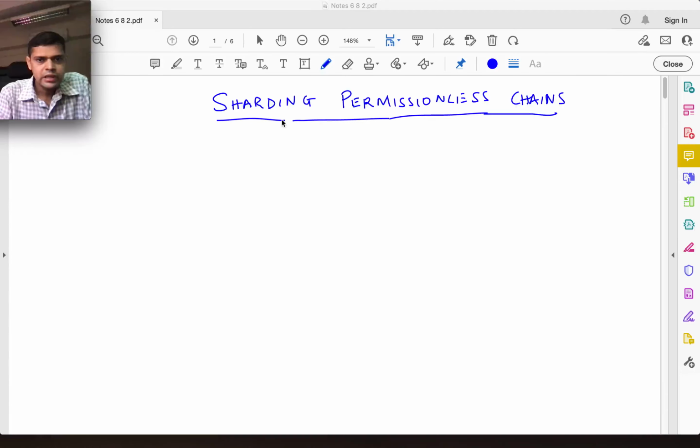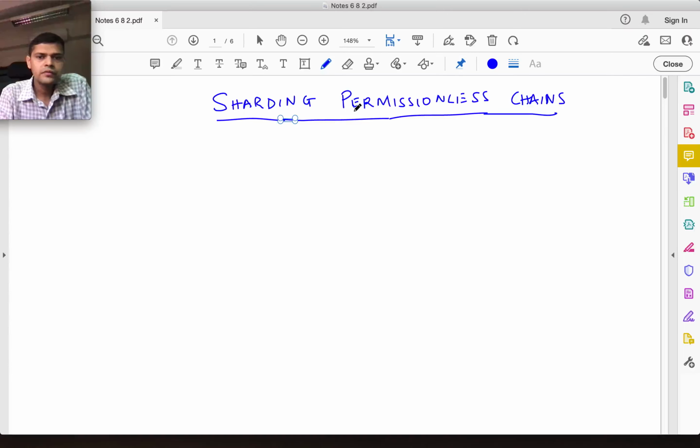But the question is, can we shard permissionless systems? What if anyone can join, anyone can become a consensus node? Can we have a sharded system there?